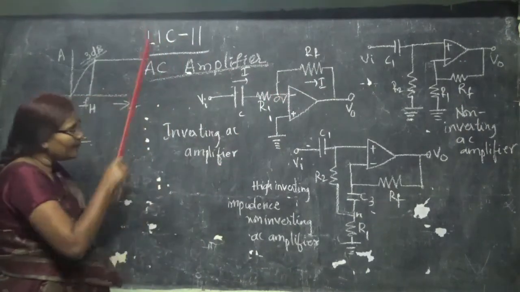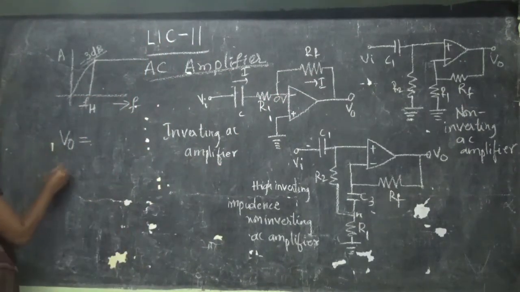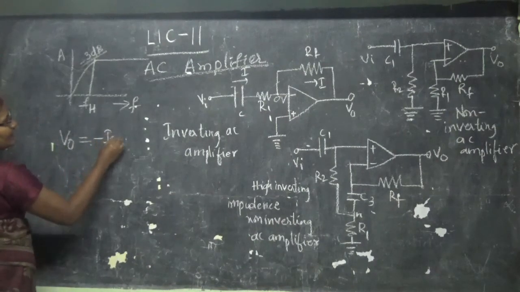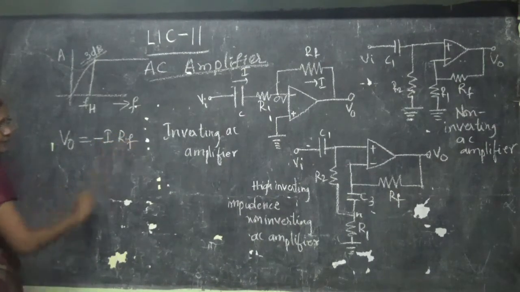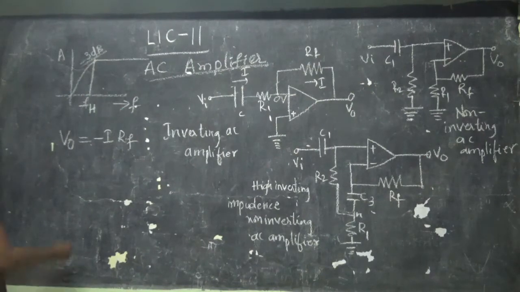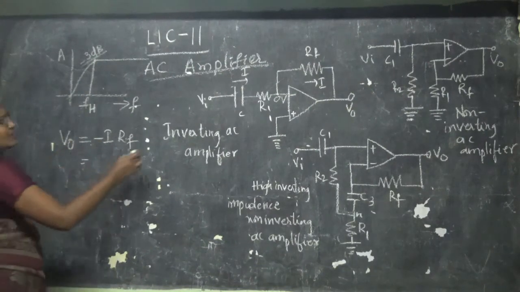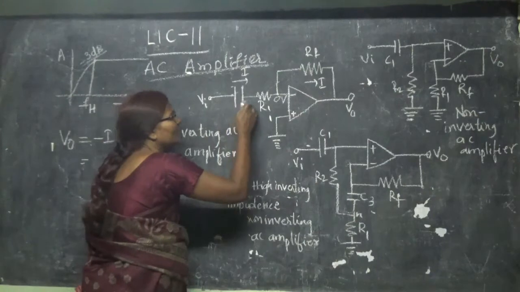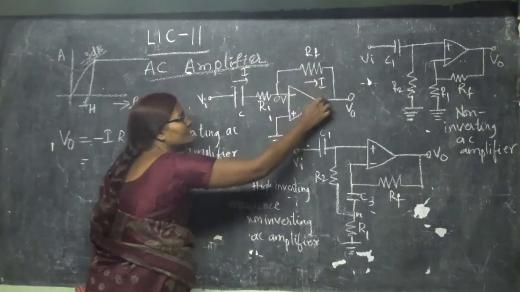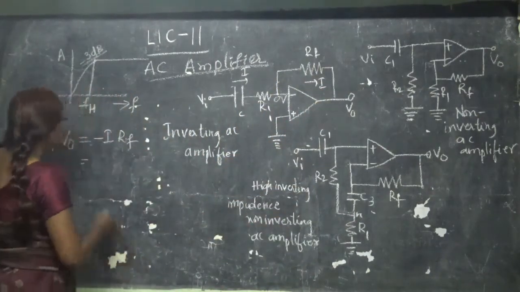So what happens? My V0 will be minus I into RF. What is I? The same current which is flowing from this will go through this. So what is my I?